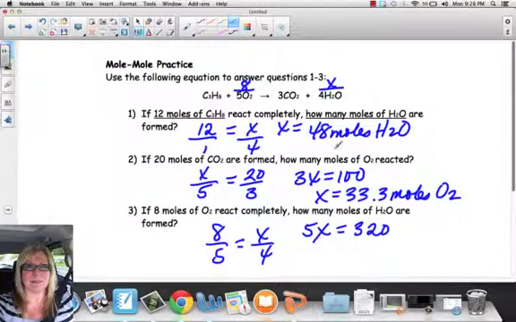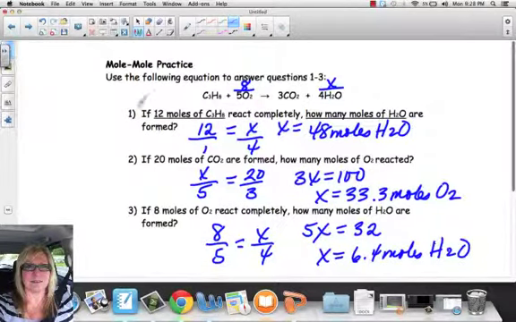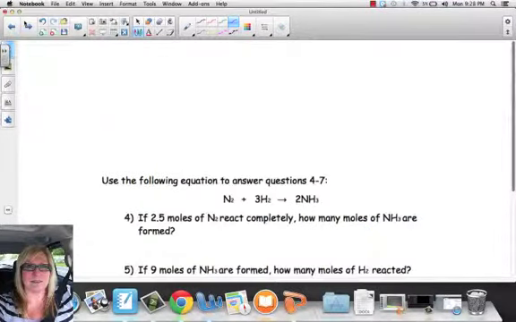No, not 320, 32. Therefore, x equals 6.4 moles of H2O. I am using the coefficients from the balanced equation and what I'm given in the problem to set up a proportion.